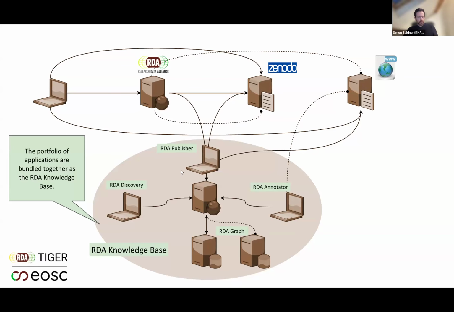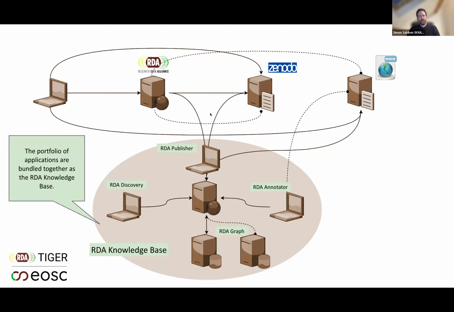So I just wanted to give you a brief background of the knowledge base. The incentive here, the reason that this was developed, is essentially that it was discovered that through the history of the RDA, most of the publications associated have grown in a kind of organic bottom-up way, over many years, of course.